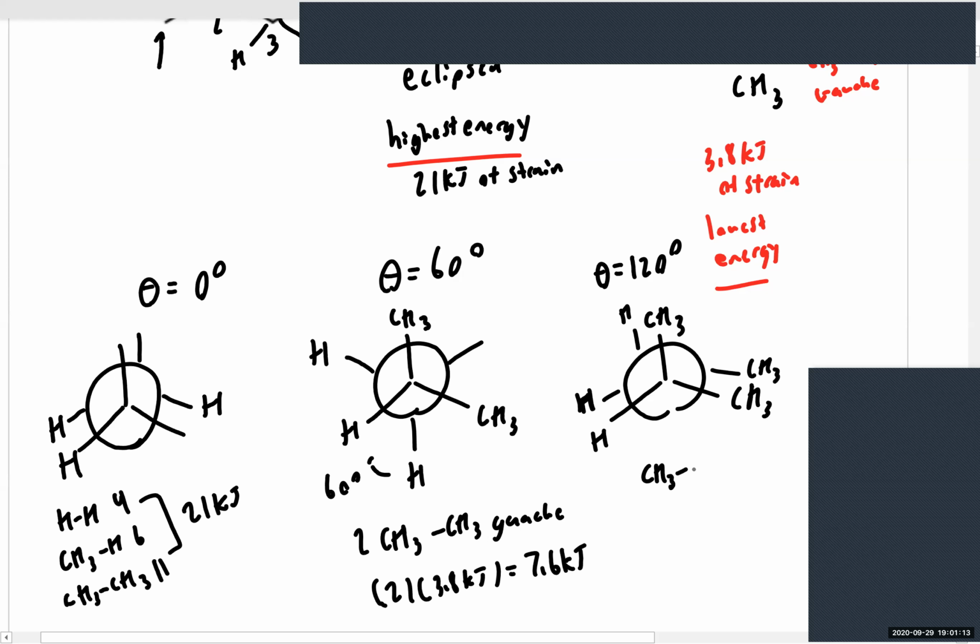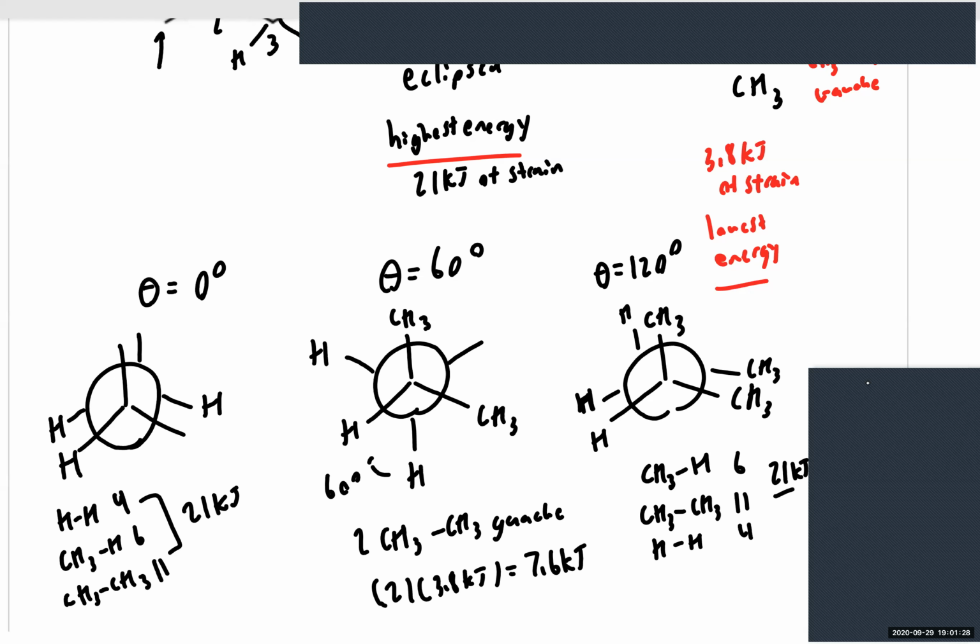In this case, we have a methyl-hydrogen, a methyl-hydrogen, and a hydrogen-hydrogen eclipsing interaction. So this structure also has a total torsional strain penalty of 21 kilojoules of torsional strain.